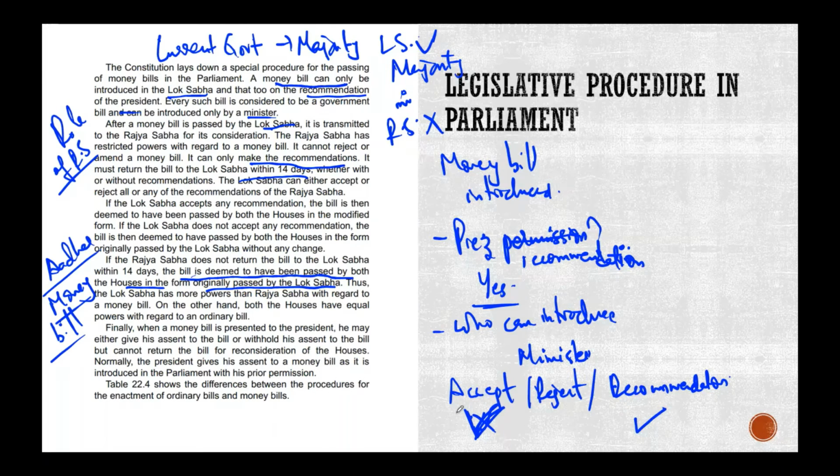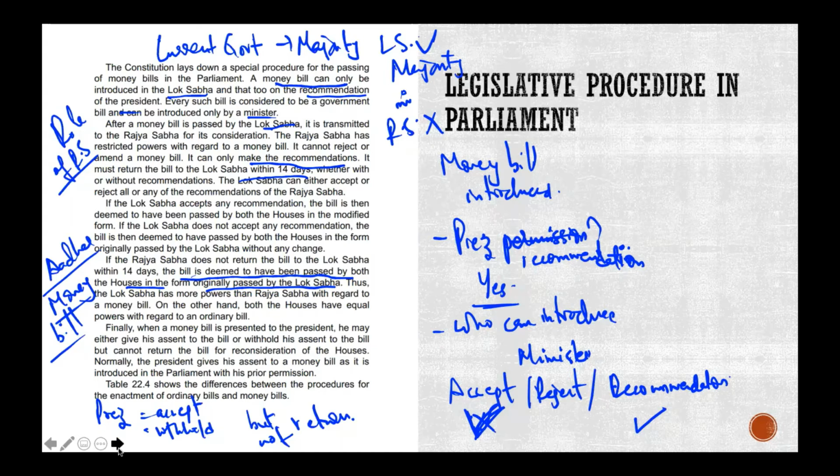The president's role is going to be, you can accept, withhold, or reject, okay, but not return. Is that clear? Yes, sir. Okay, great.